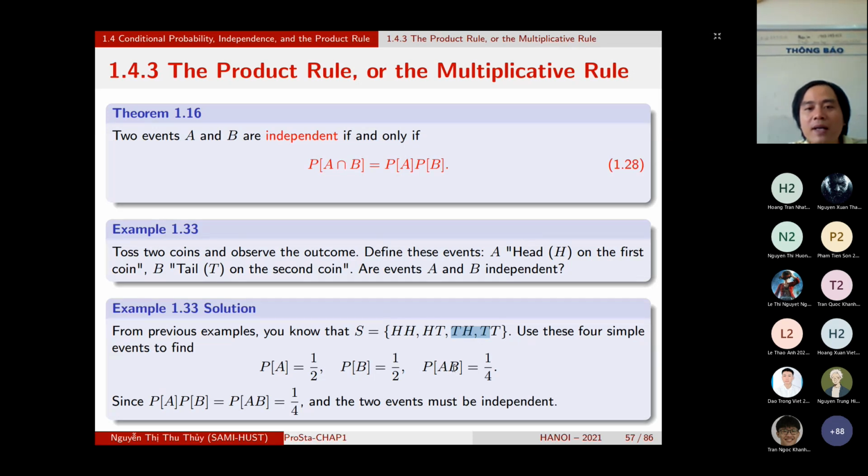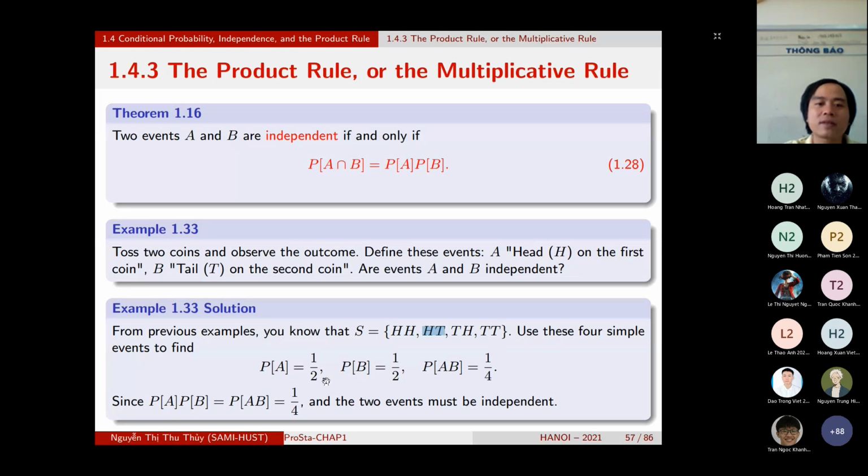And how about P(A and B)? A is head for the first coin, and B is tail for the second coin. So A and B means the first coin is head and the second coin is tail. We have only HT here, only 1 outcome for the event A and B. So the probability of A and B is equal to 1 over 4.